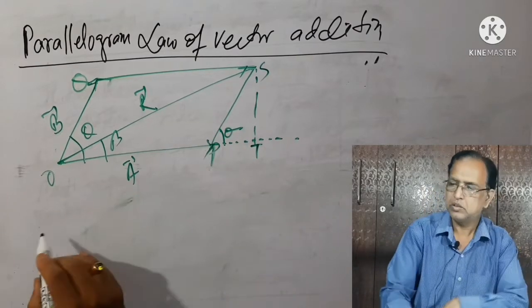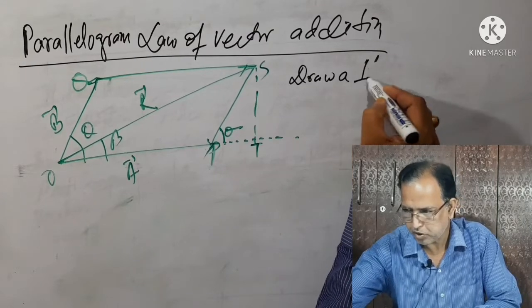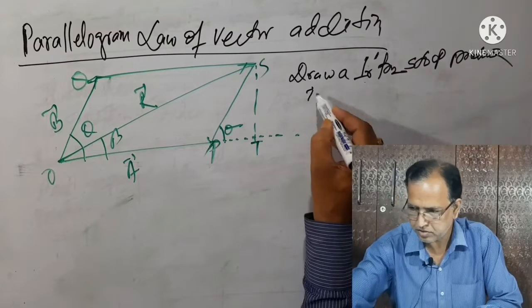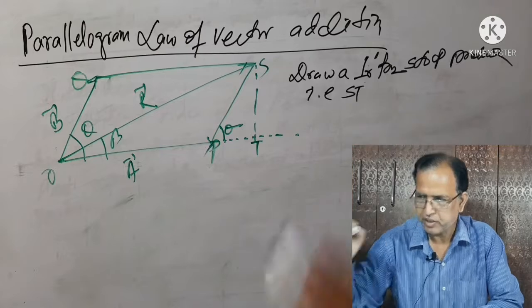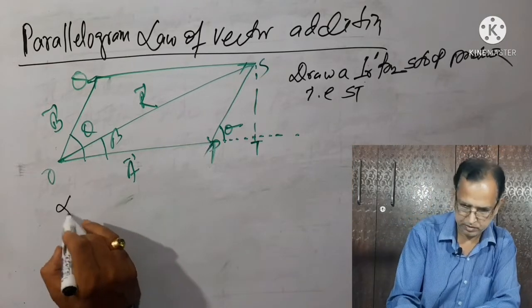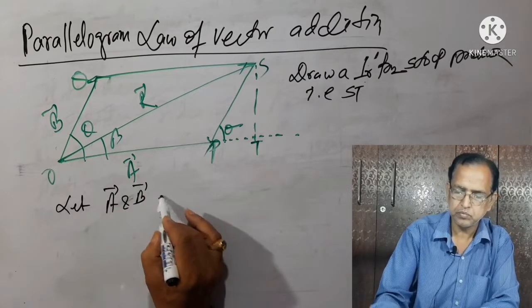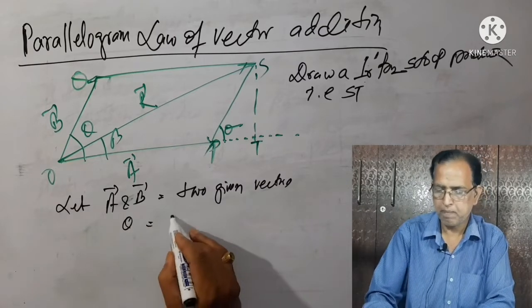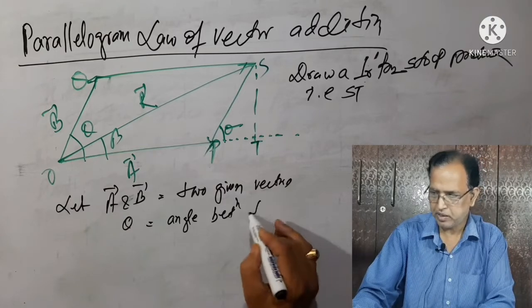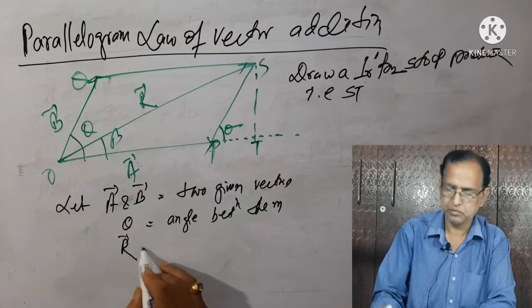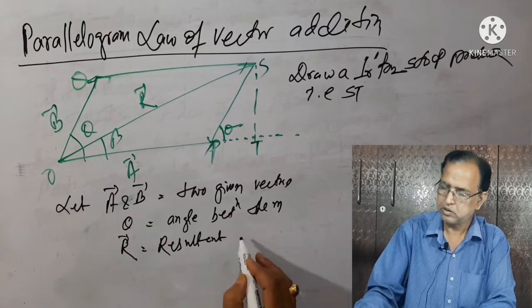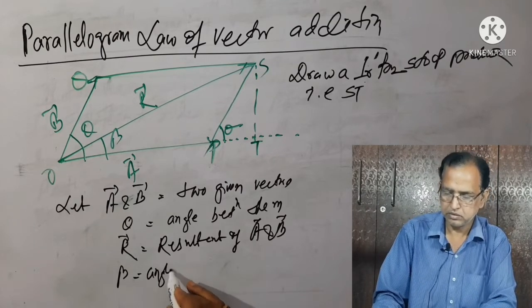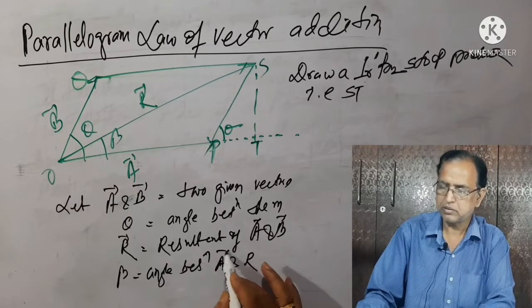So draw a perpendicular from S to OP produced, that is ST. Now let A and B be the given vectors, theta the angle between them, R the resultant of A and B, and beta the angle between A and R.